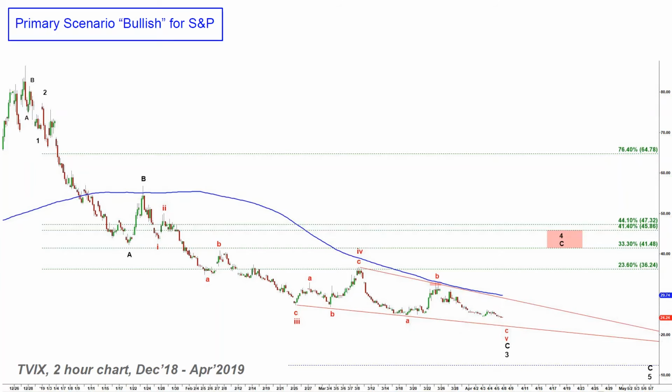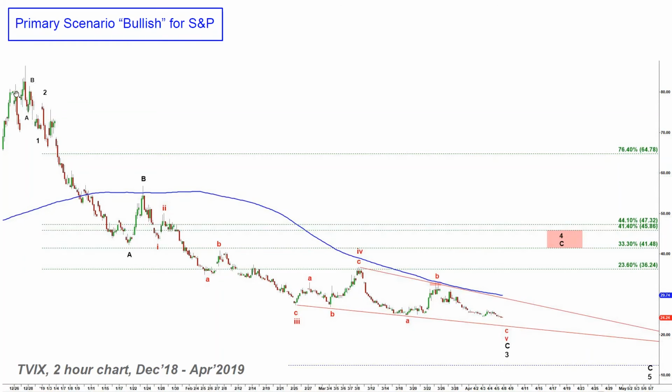This is when US stock indices found its bottom, and conversely, TVIX topped because TVIX is an ETN fund which tracks short-term volatility index. So every time US stock market goes down, as a rule of thumb, volatility would spike, and TVIX, which holds futures on volatility, short-term volatility, its price would go up as well.